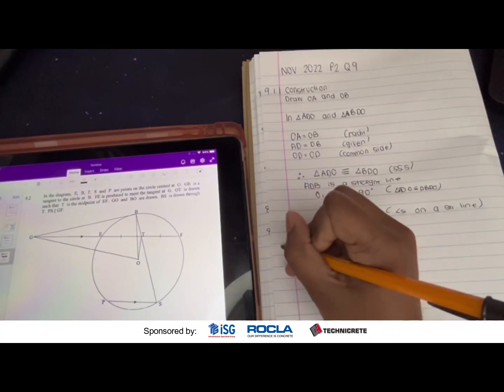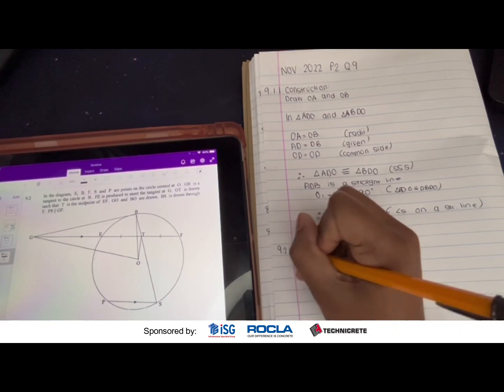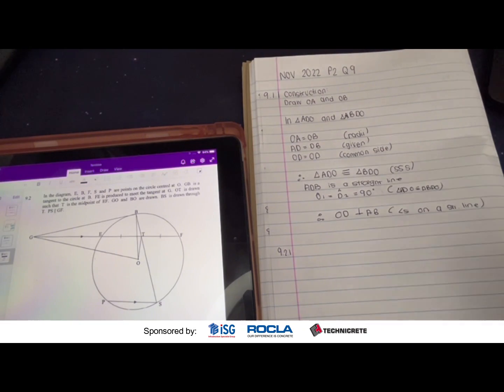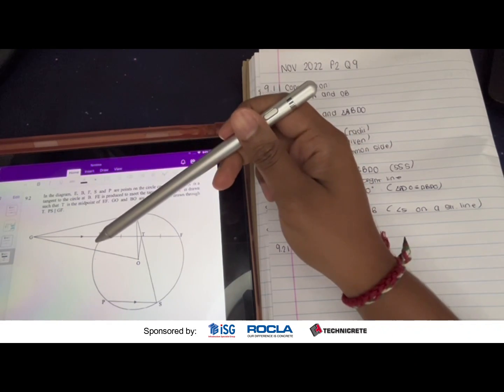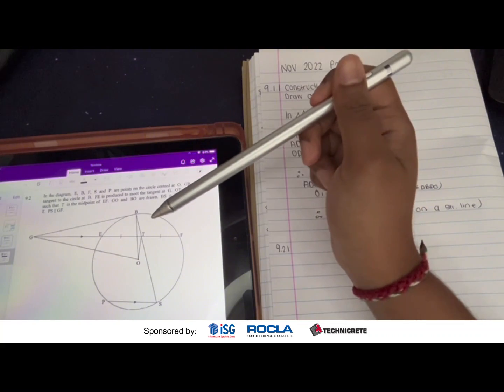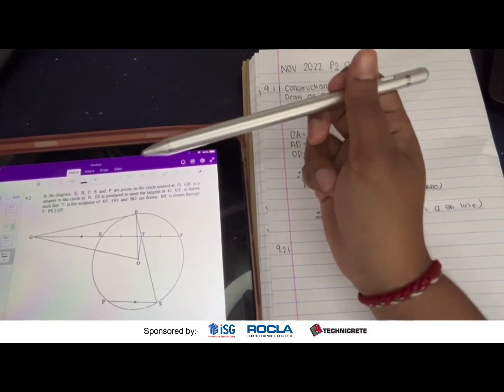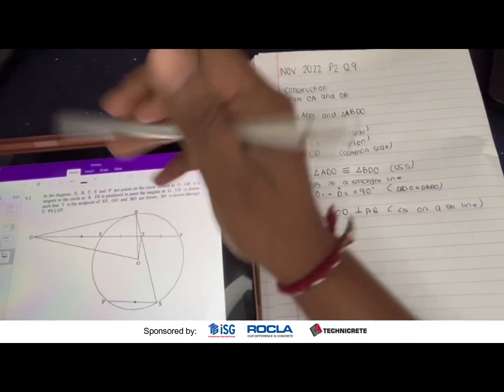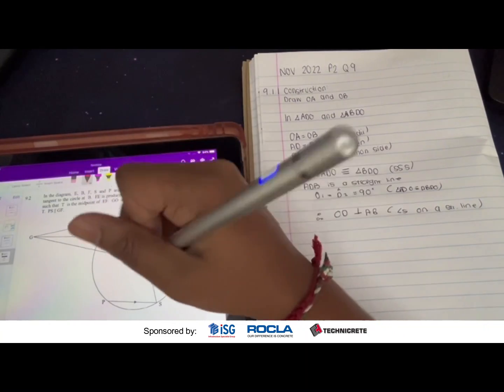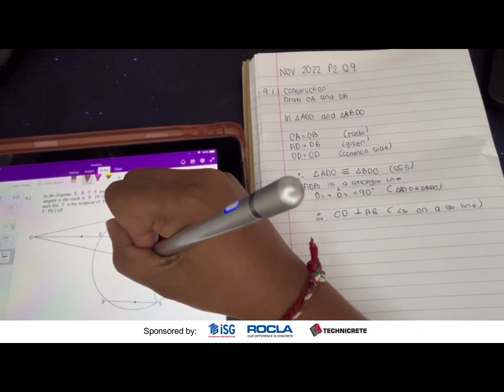9.2. So it says, in the diagram, E, B, F, S, and P are points on the circle centered at O. I always say mark your center, so you know that this point is your center.